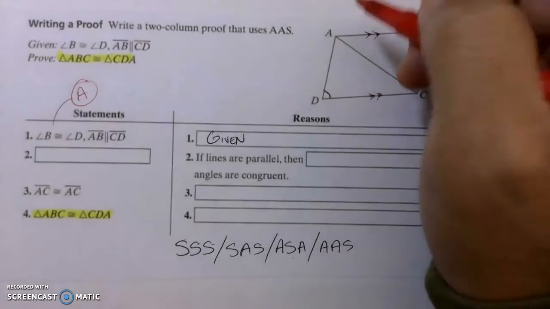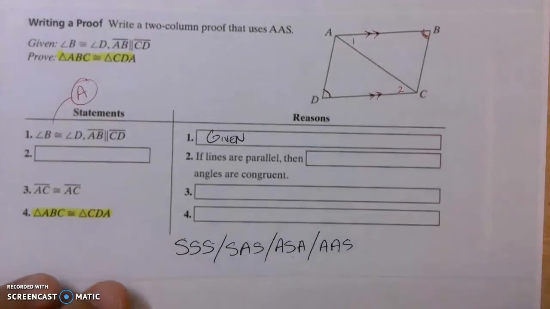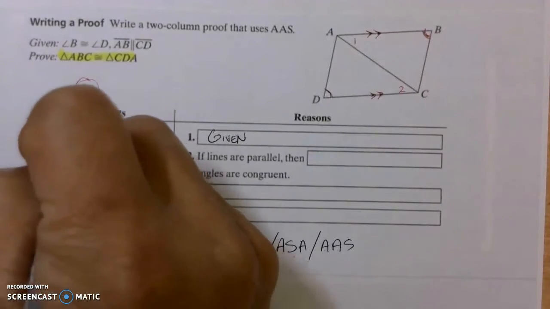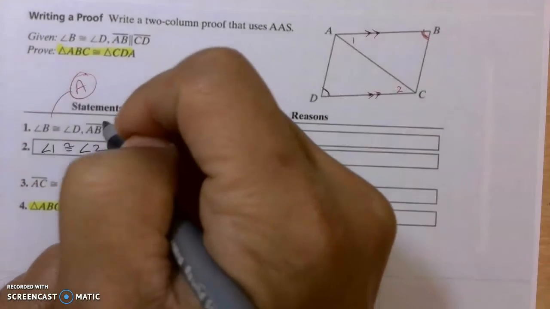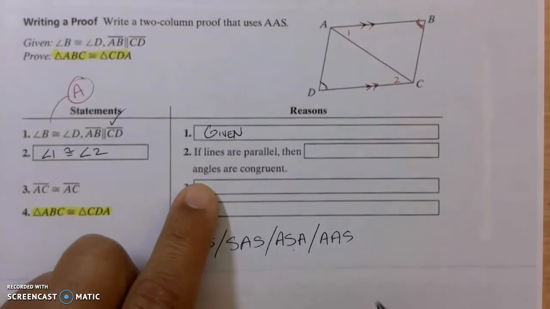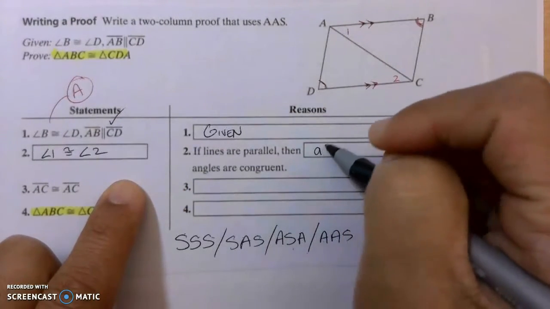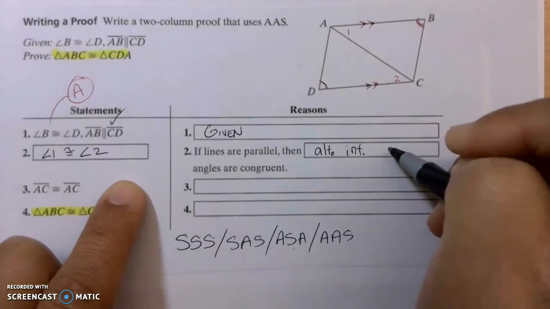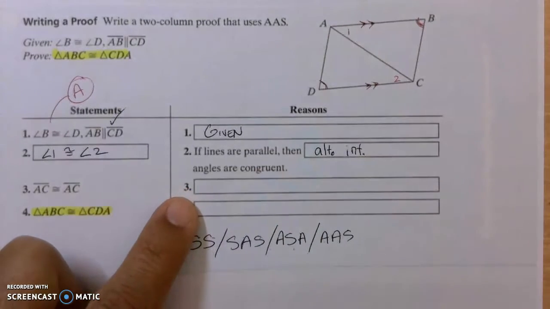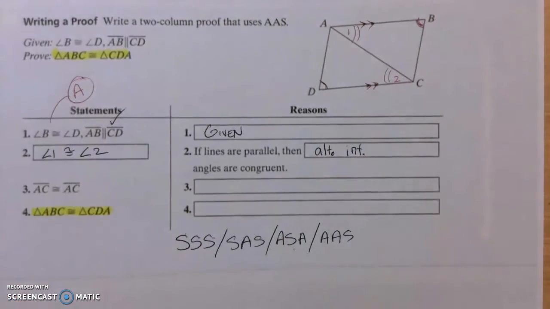And in this picture, I will just put angle 1 and angle 2 here. And we're going to say angle 1 is equal to angle 2. If lines are parallel, and you just mentioned lines are parallel from step 1, then these are alternate interior angles, which are congruent. This is from a previous chapter here, so I'll go tick, tick, tick, tick. Okay, so those two angles are equal.